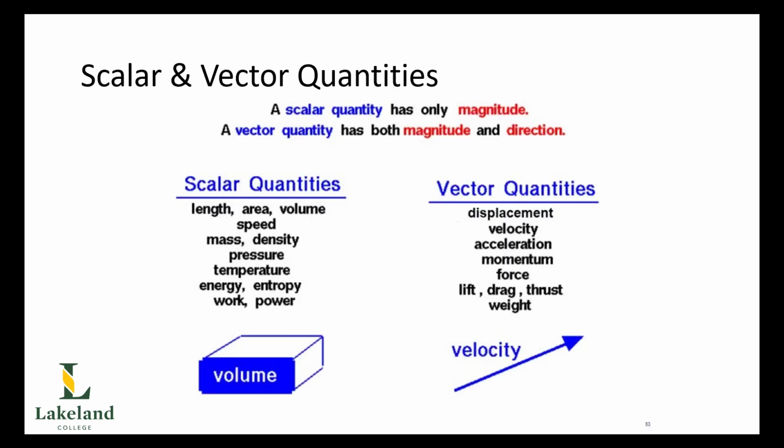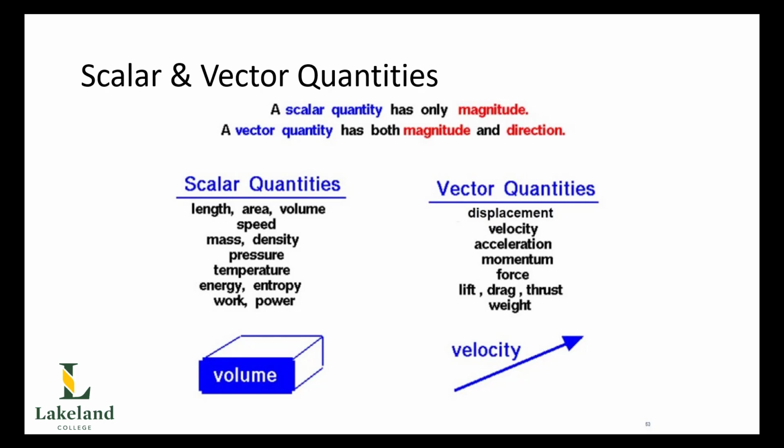Okay, so here are some classic scalar and vector quantities then. On the left-hand side, for scalar quantities, we're talking about things like length, area, volume, we've looked at these previously, speed, mass, density, pressure, temperature, energy, entropy, work, power, etc. The list does go on. So those are all scalar quantities in that they have a size, they have a unit, but they don't have a direction.